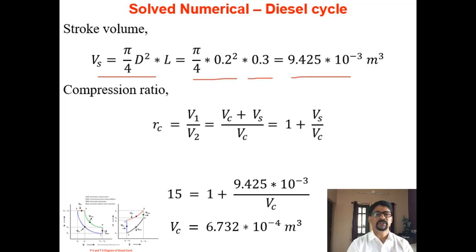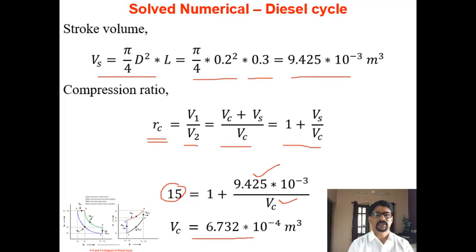Now here the compression ratio is given, so you can calculate the clearance volume. So Rc is equal to V1 by V2, or Vc plus Vs by Vc, or 1 plus Vs by Vc. Here Rc is 15. So 1 plus Vs, which we just calculated. Vc, the clearance volume, is unknown.